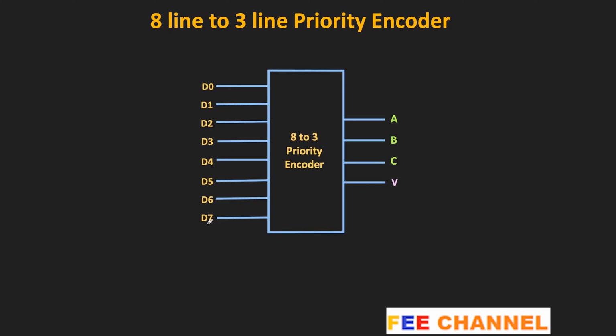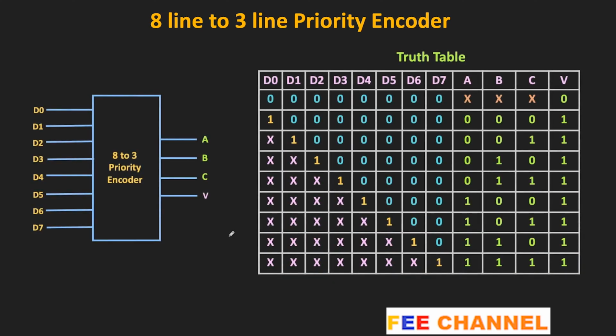As you can see, when all the inputs are 0, then this output V is equal to 0. And in this condition, it doesn't matter what the value of outputs A, B and C is. Likewise, when D0 is 1 and the rest of the inputs are 0, then the corresponding output is equal to 0, 0, 0. And since at least one input is high, the output V is also equal to high.